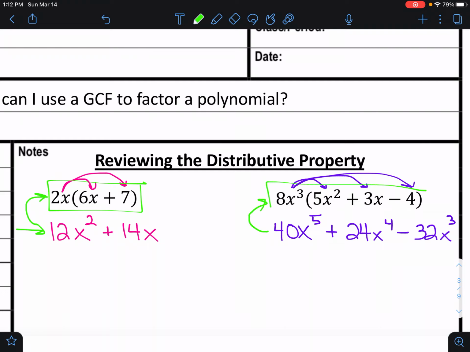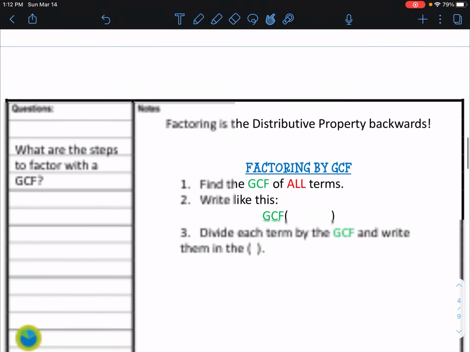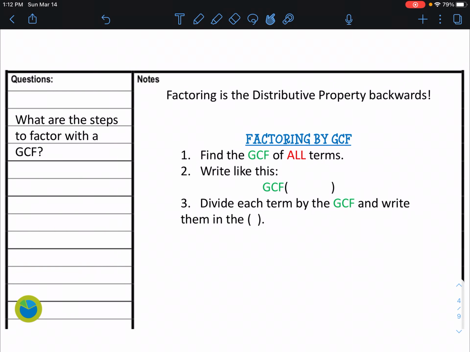And there are advantages to doing this. So really this is just working the distributive property the other way. That's called factoring. Okay, so again, factoring is the distributive property backwards. So when somebody says we're factoring, we're just going the other way. It's still the distributive property, it's just the other way.